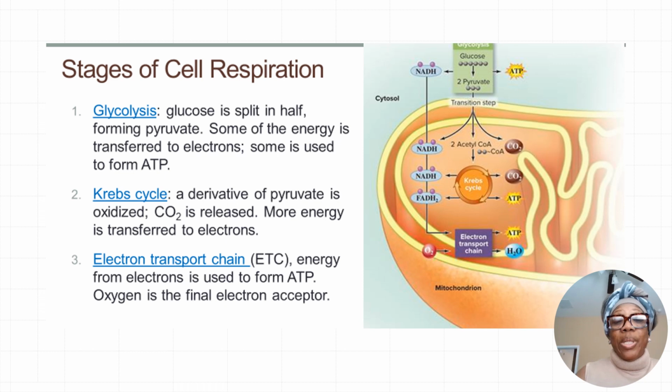Carbon dioxide is released, and more energy is transferred to electrons. Those electrons now will enter into the electron transport chain. Energy from electrons is used to form ATP. Oxygen is going to be the final electron acceptor in this process.